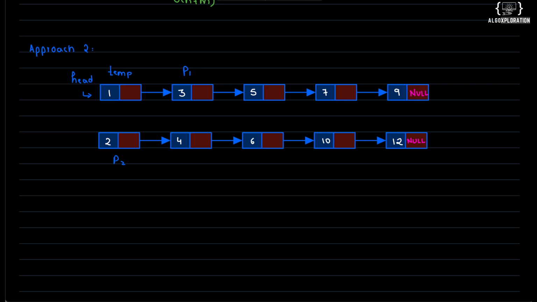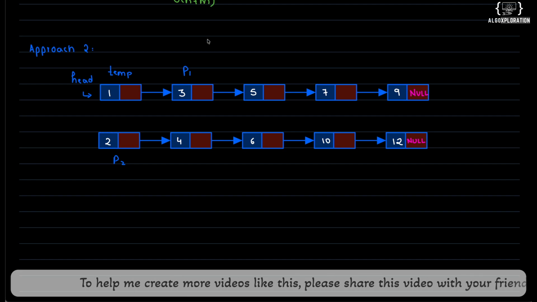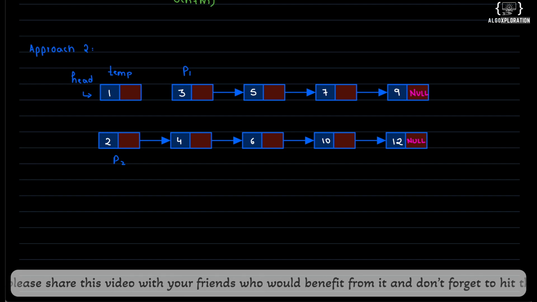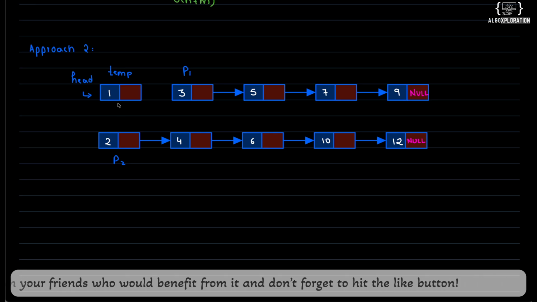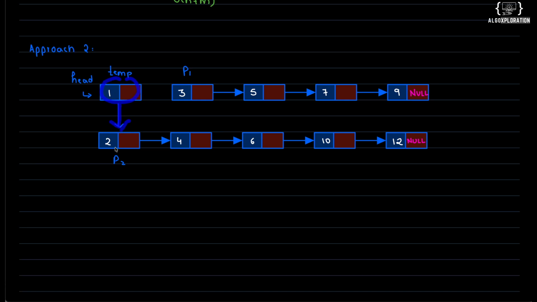Now again I'll check among these two which one is minimum. Here I see that 2 is minimum. Now with the help of the temporary variable I will do temp.next equals p2. So this node will point next to this, because among these 2 was the minimum.